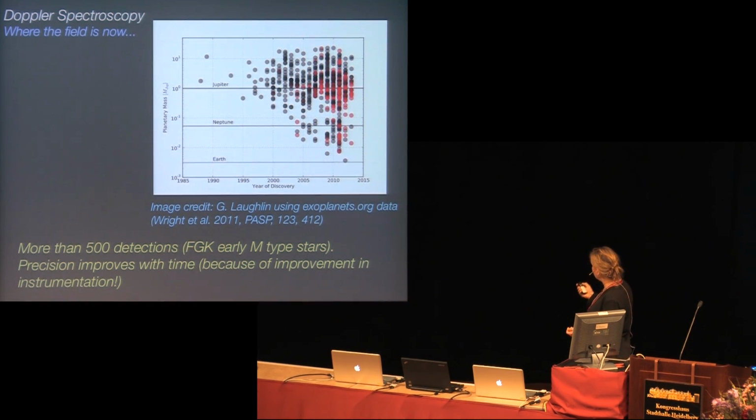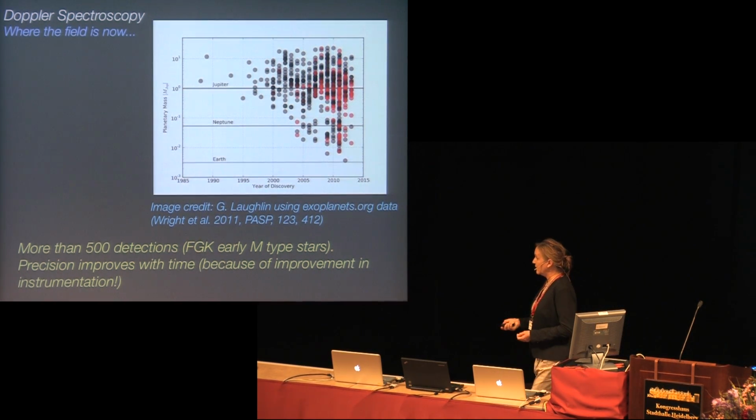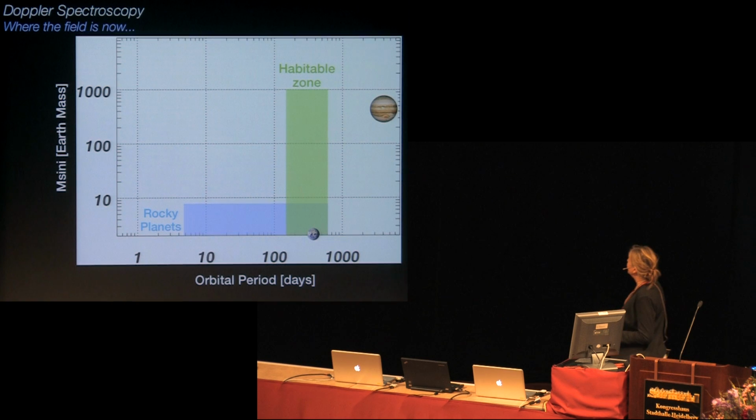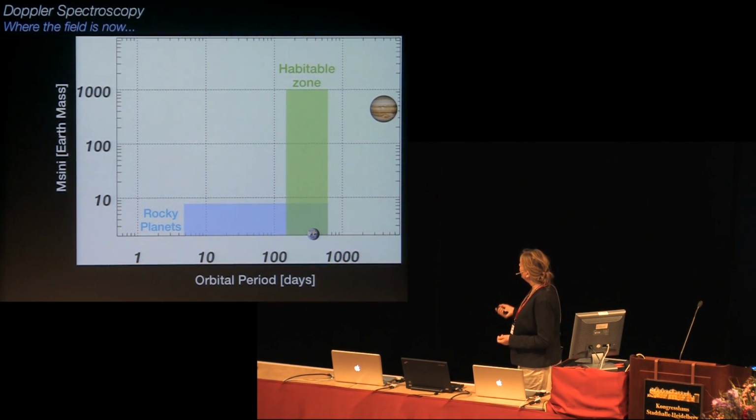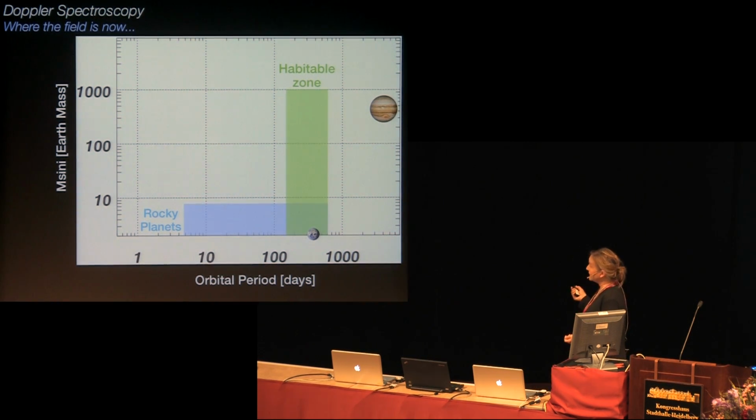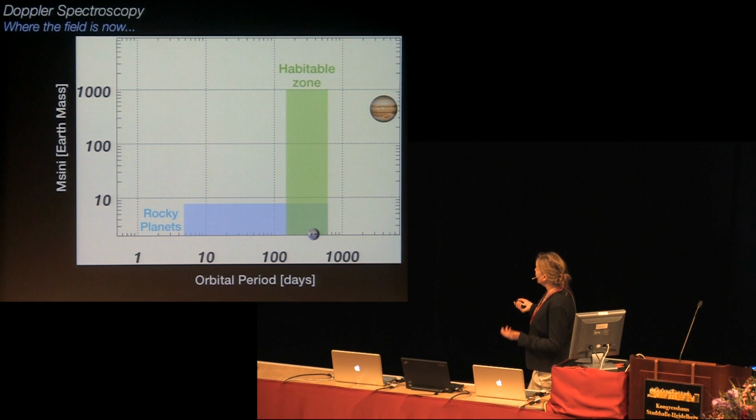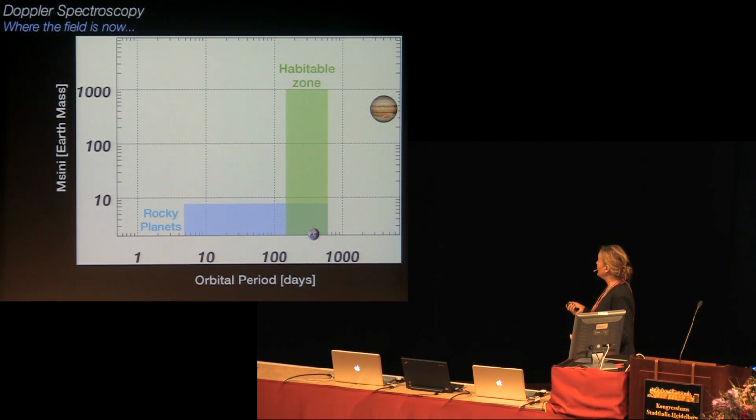To keep going in this direction, we're going to need to amp up our techniques. If we make a theoretical cartoon plot of the mass of planets in Earth masses as a function of their orbital period in days, and we imagine that, at least for habitability, rocky planets are interesting, these might be planets of a few times the mass of the Earth.